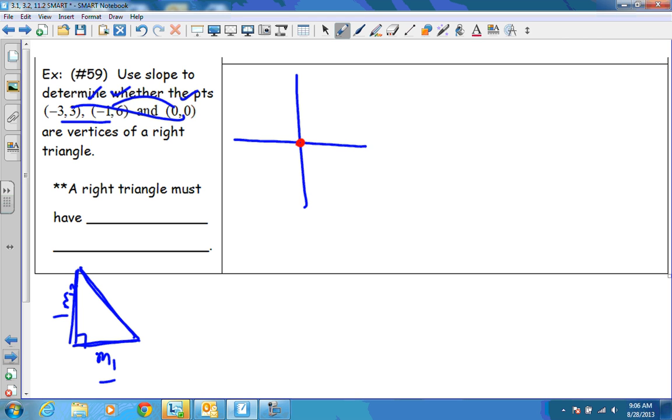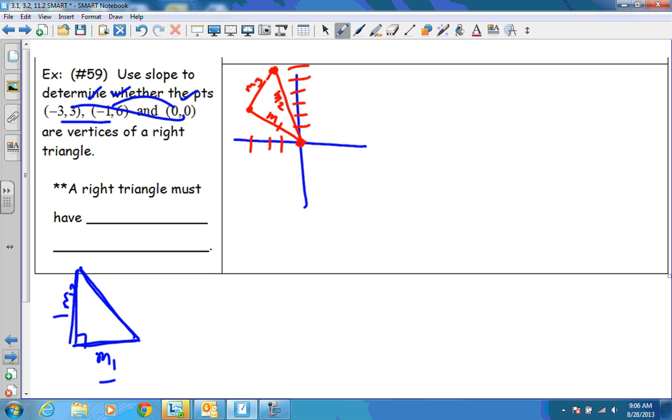0, 0, negative 1, 1, 2, 3, 4, 5, 6, negative 3, 3. So you're looking to see if this triangle that you're doing, if these slopes, this slope, this slope, and this slope, if any of them are perpendicular.